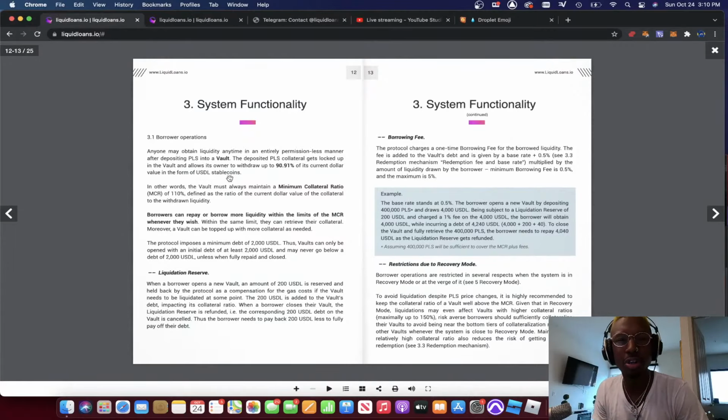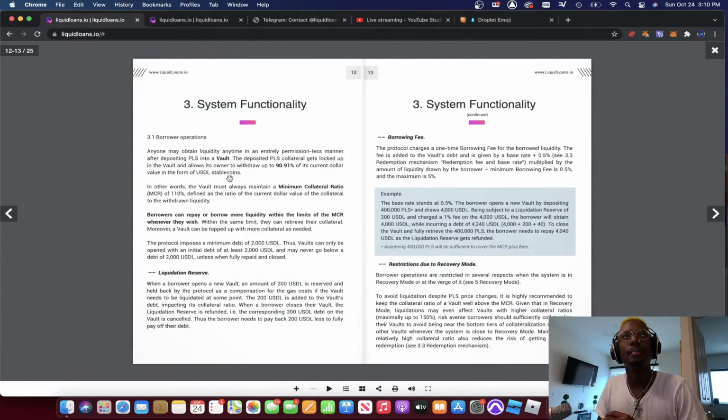You don't want to sell any of your PLS, not financial advice, but you want to buy other coins that are on Pulse Chain. So the smart thing to do would be to utilize this platform and borrow money based off of the amount that you choose to put in.